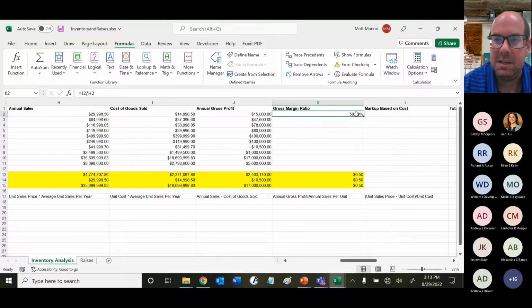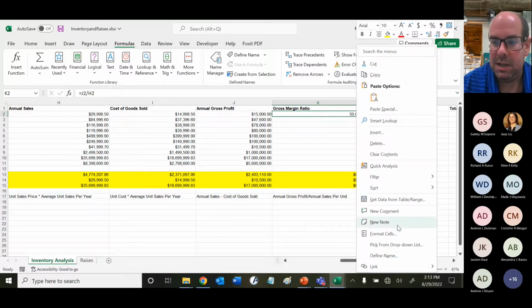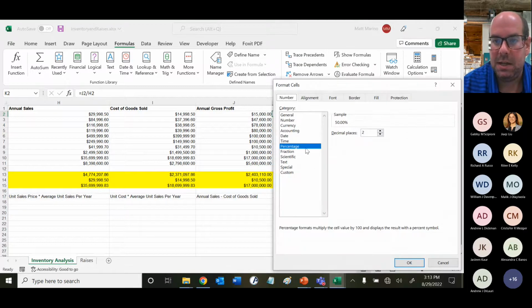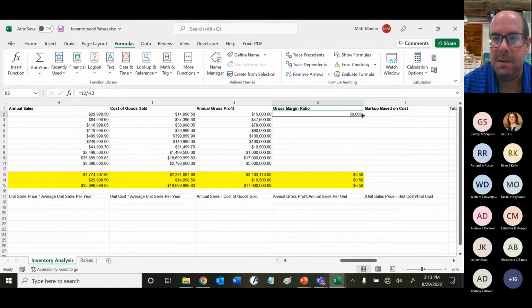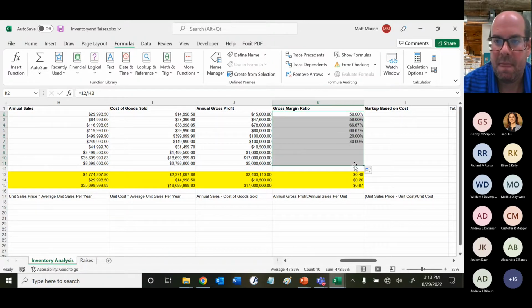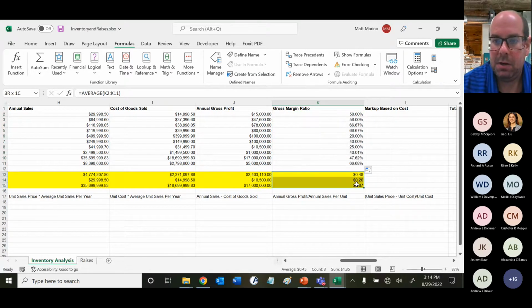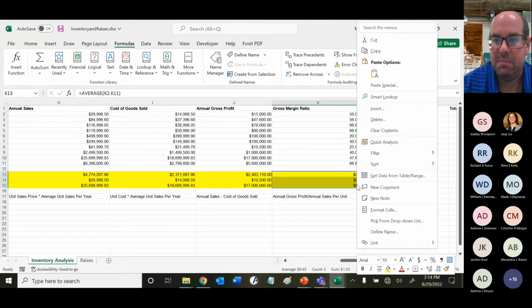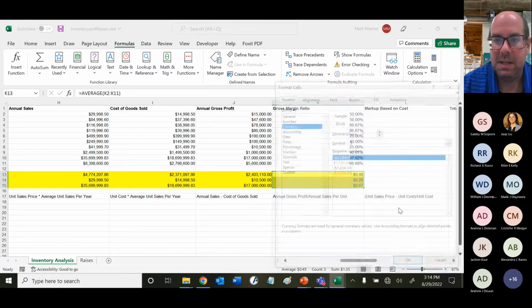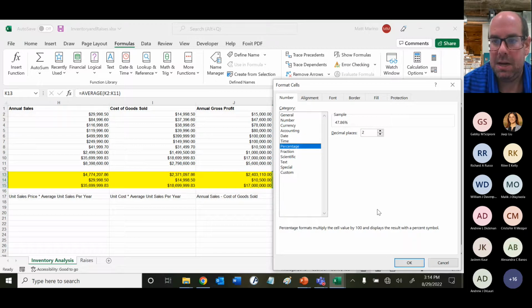If you do not have it as a percentage, right click, format cells, click on percentage. Up to you. You can keep it as 2 decimal places, 0, that's fine. Click back in, autofill it down. Does all the work for us. Go ahead and highlight your average, min, and max. Format cells and make them percentages.